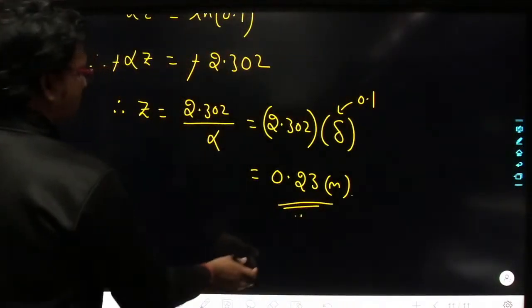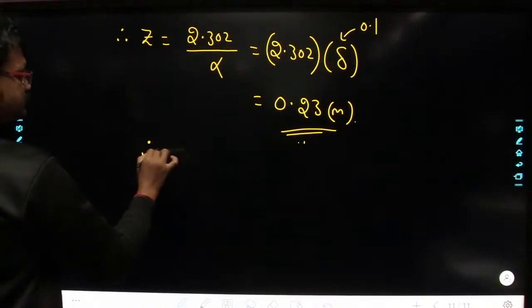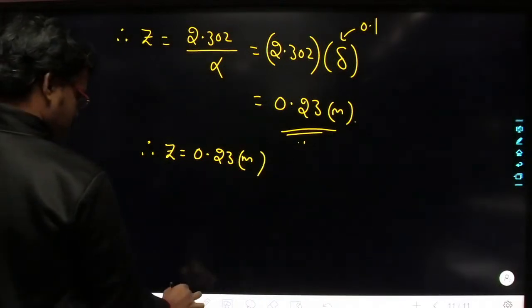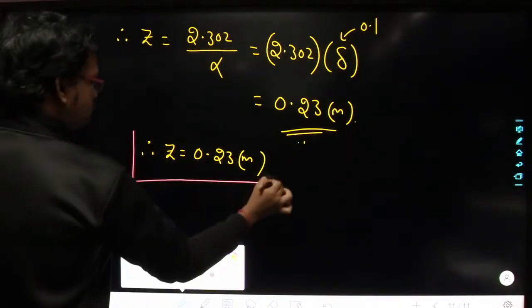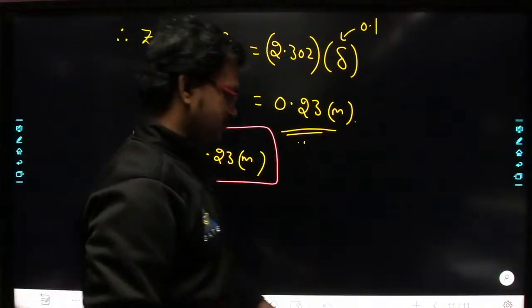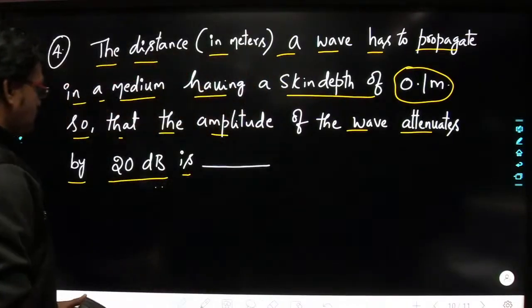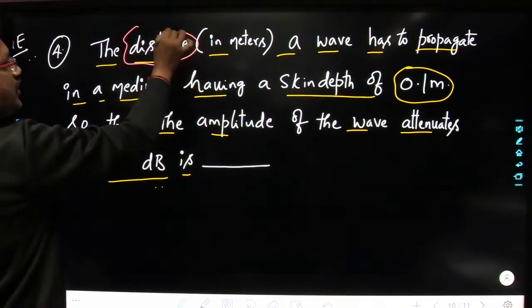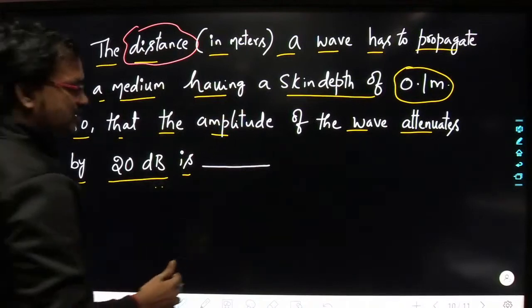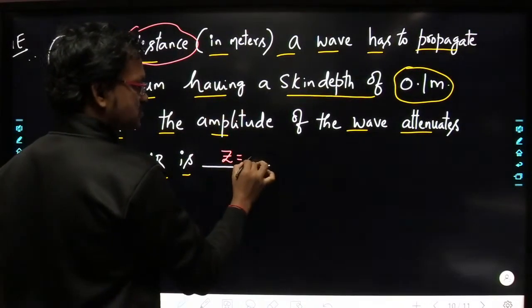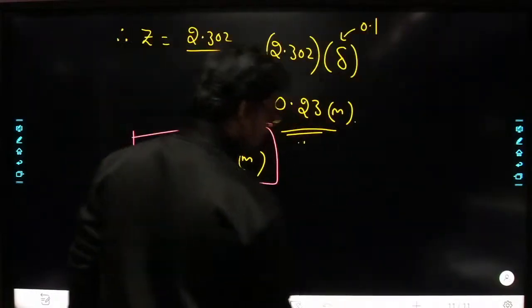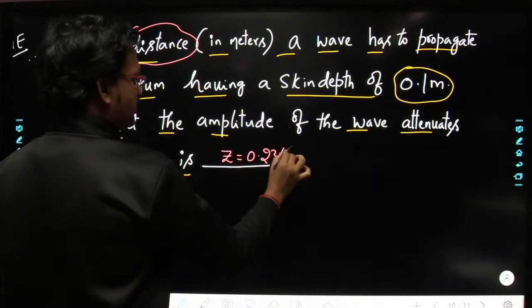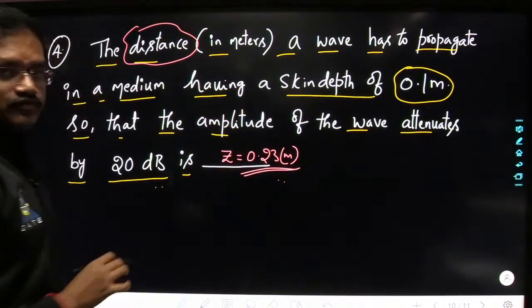So the distance it has propagated is z equal to 0.23 meters. So this is the answer for this question.